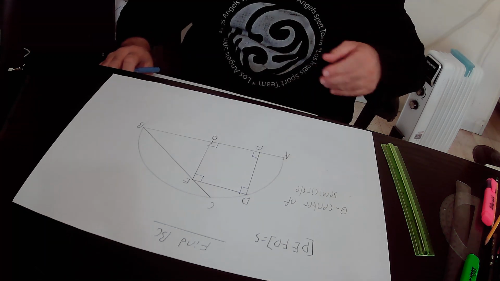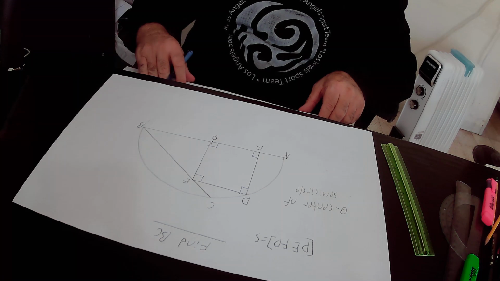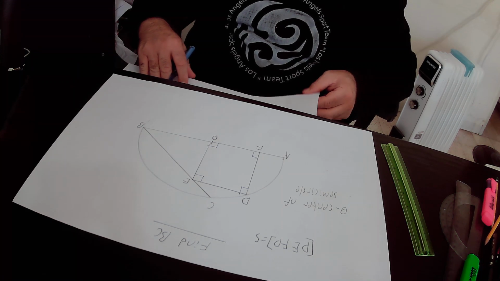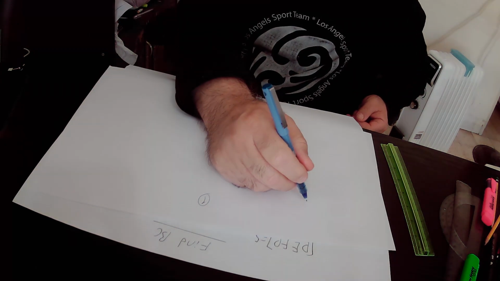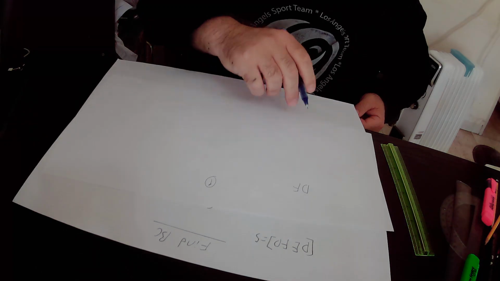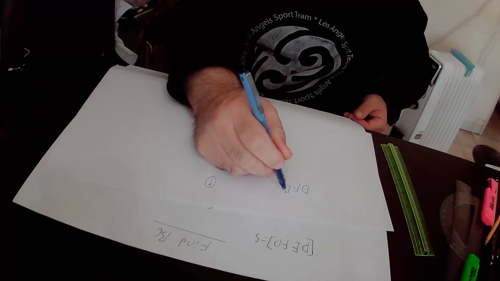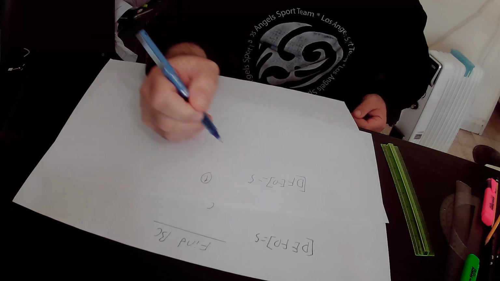We know that the area of this square DEFO is equal to 5 square units.